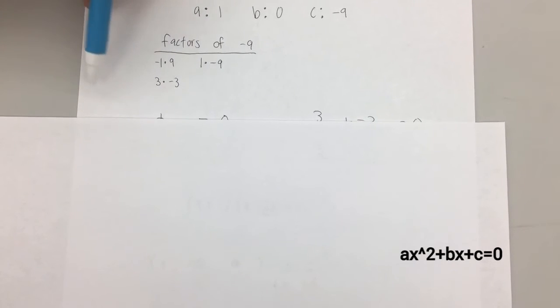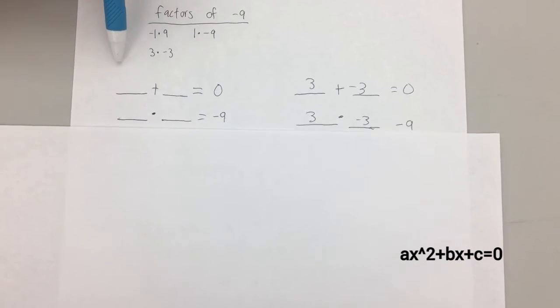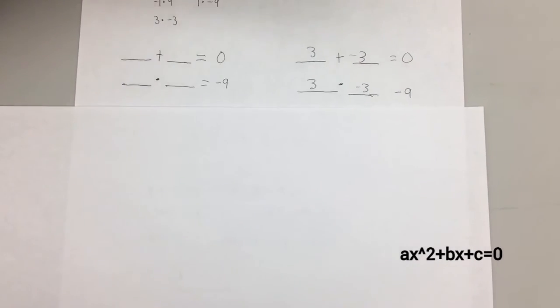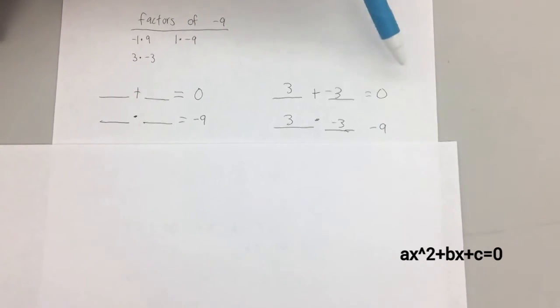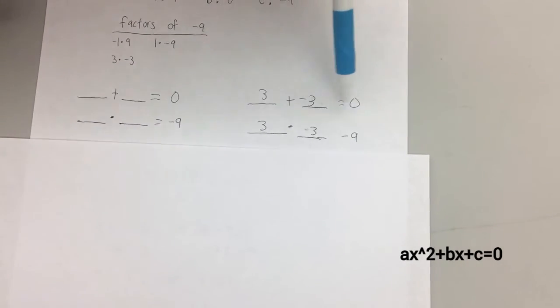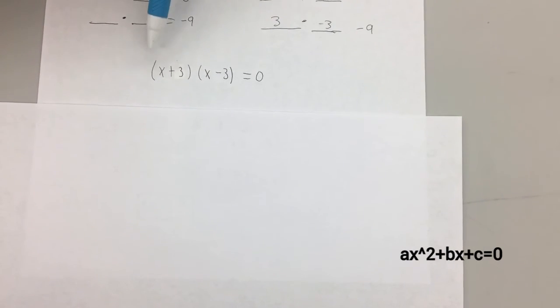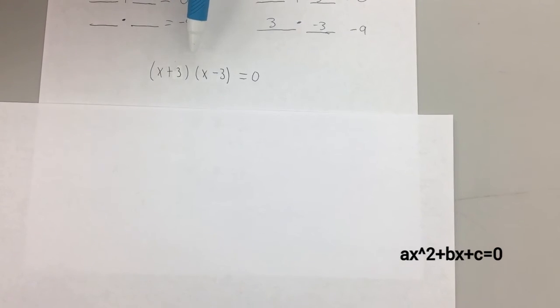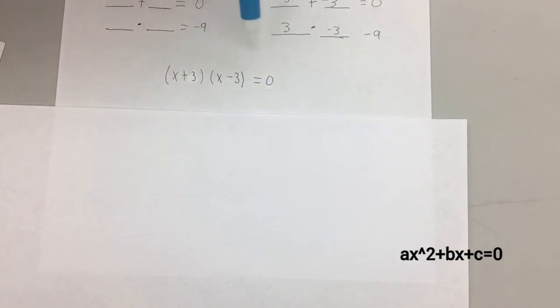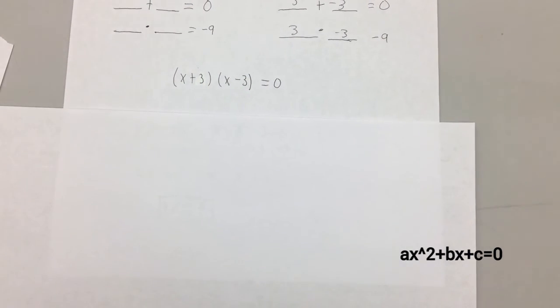Here we see that this is the only possible solution because 3 plus negative 3 equals 0, while 3 times negative 3 equals negative 9. Which is why x plus 3 and x minus 3 are the factors.